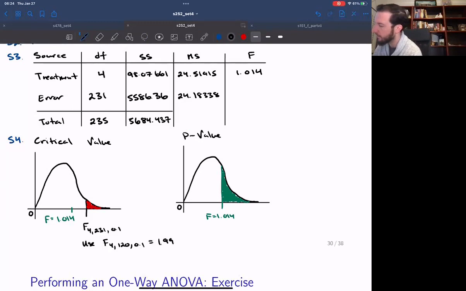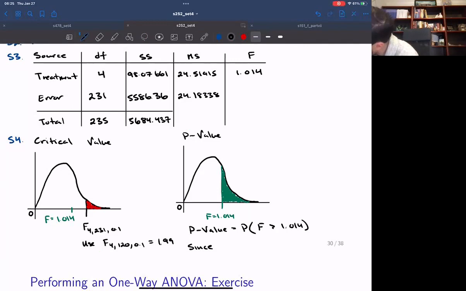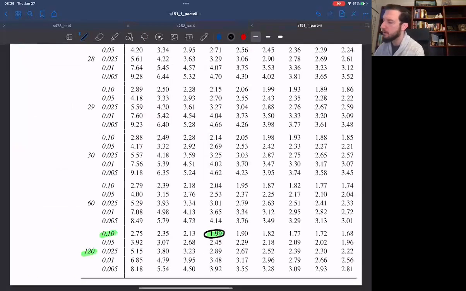Okay, so we're going to have the p-value is equal to the probability that the F value exceeds 1.014. Okay, so then we can say since the probability F exceeds 1.014. Okay, so then we go back to our F table.